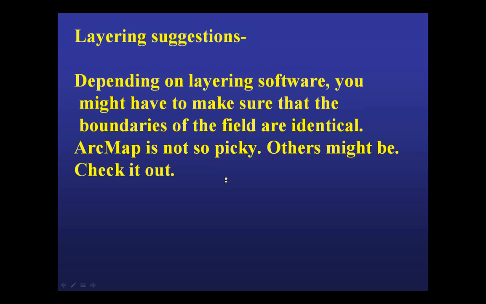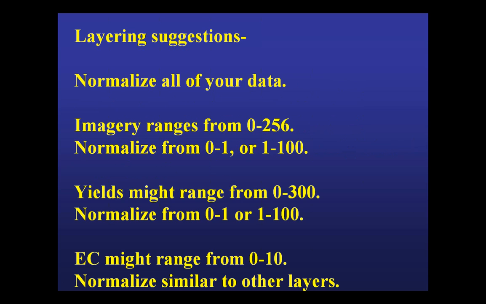And so these are some other things I found very useful, and that's to normalize all your data. The reason why is that when it comes in and starts chewing on this data and putting layers on top of each other, it's going to look for the same ranges. A lot of our imaging ranges from 0 to 256, whether it's black and white or color. So you would normalize it from, say, 0 to 1, or 1 to 100.